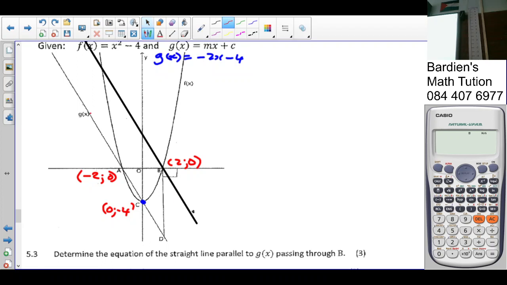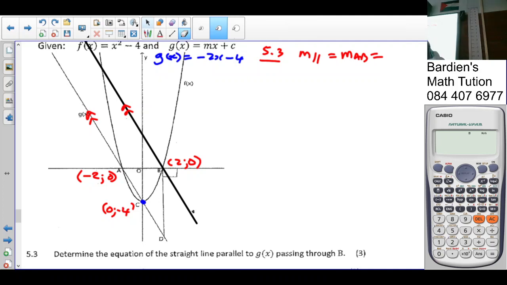These lines are parallel. So if lines are parallel, gradients are equal. So the gradient of the parallel line is the gradient of AC as well, which is?